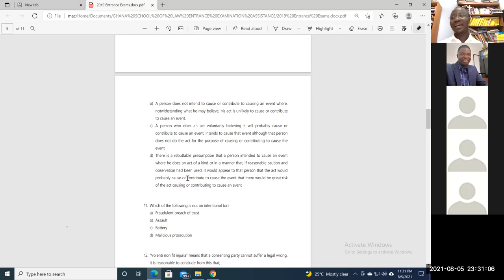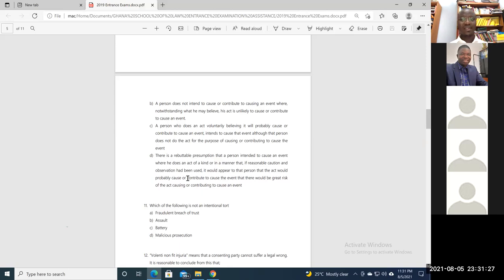So let's give an example. Let's suppose that someone pointed a toy gun at another person, and that person collapsed, seeing the gun pointed at him because he thought he was going to be shot.